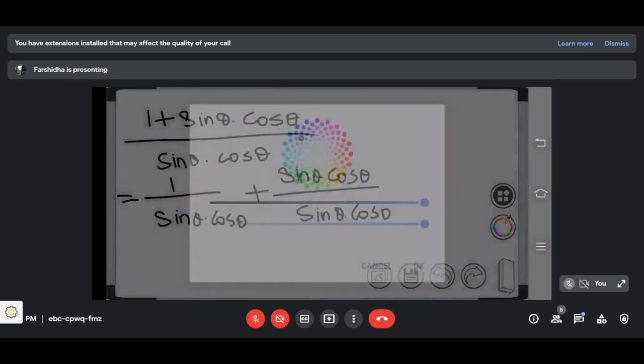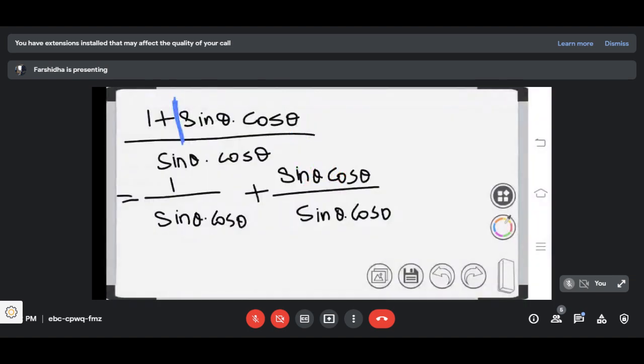See, from here I am splitting it, 1 and sine theta cos theta. I am giving the same denominator to both 1 and sine theta cos theta. So split it into 2 terms.